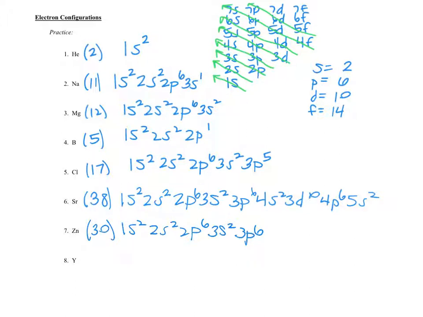Remember, after the 3p comes 4s. I would stop for a second, do your counts. 2, 4, 10, 12, 18, 20. I only need 30. So the next orbital is the 3d. The 3d can actually hold 10. So to go from 20 to 30, you fill that with 10.